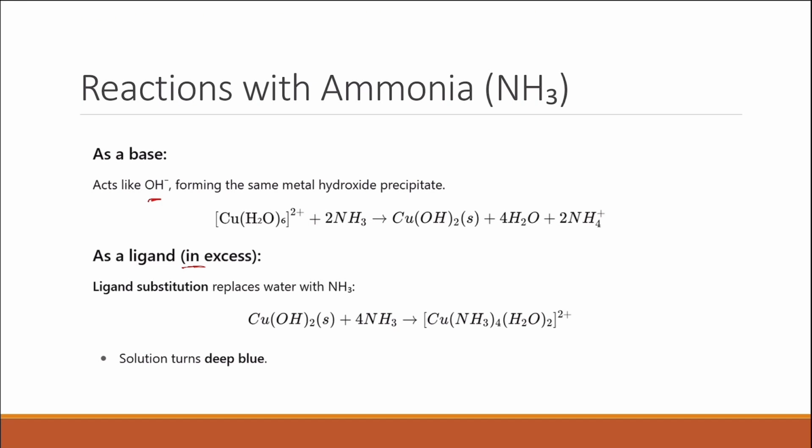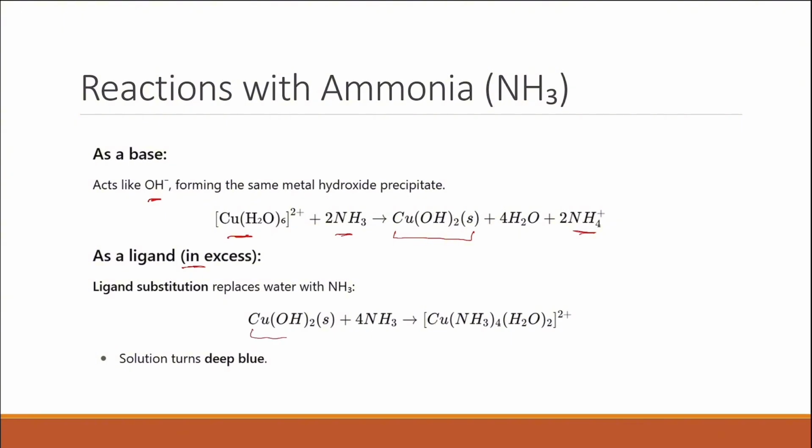The complex aqua ion reacts as an acid, donates the protons to the ammonia to give the ammonium ion, and forms the insoluble hydroxide, which is going to be colored, or maybe white if it's aluminium. In the case of the transition metals, it's going to be colored complexes. In the presence of ammonia in excess, it will act as a ligand in the case of copper.